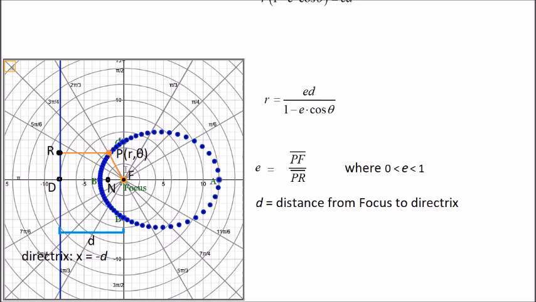E, again, is the distance from P to F divided by the distance from P to the directrix, where E is a constant between 0 and 1. D is the distance from the pole to the directrix.